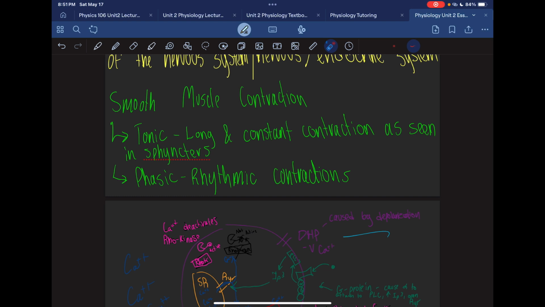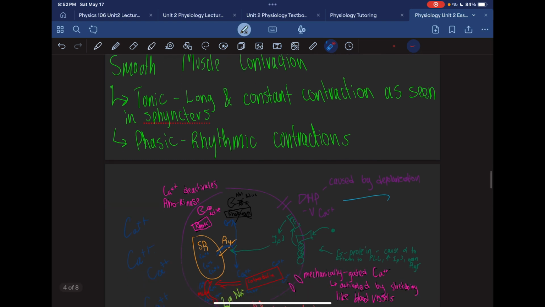Tonic is a long, slow, constant contraction. And you see this a lot in sphincters. Sphincters are the things that help you not poop your pants, right? They're going to hold on to things when they need to be held on to, and when they need to get discharged, they will be.